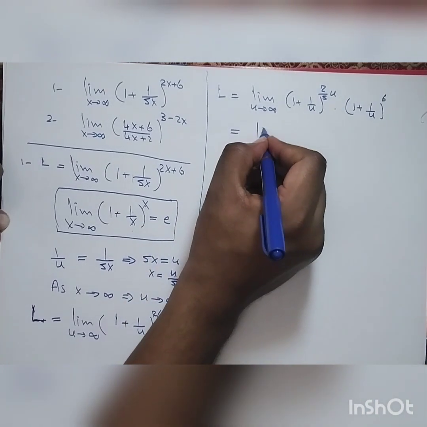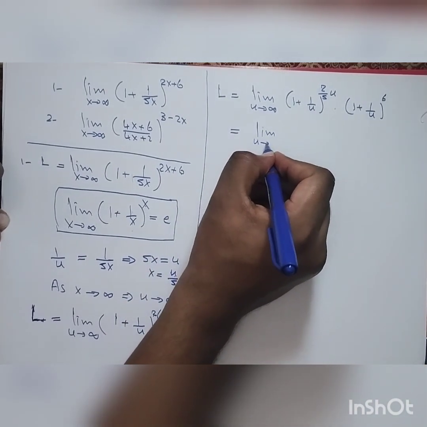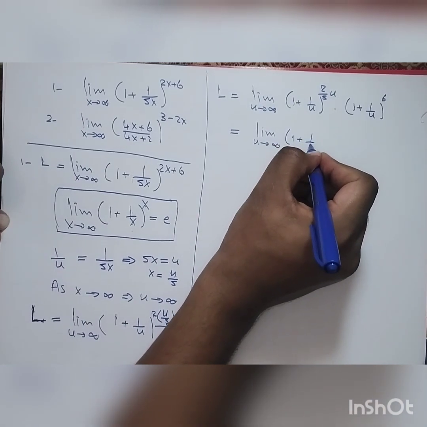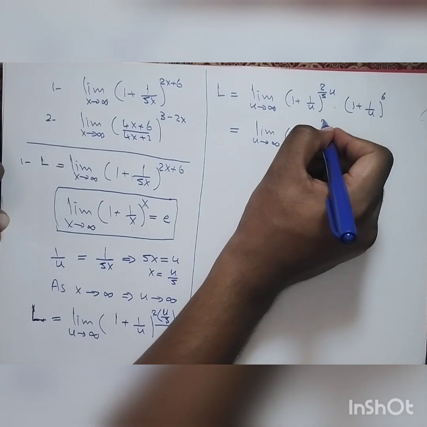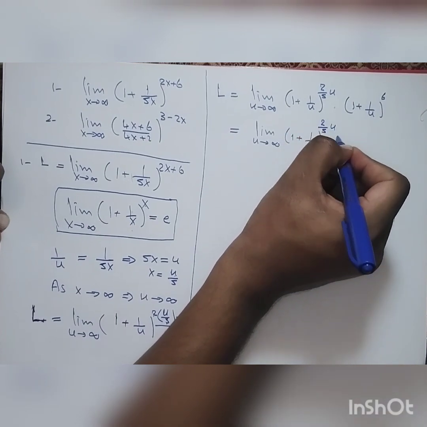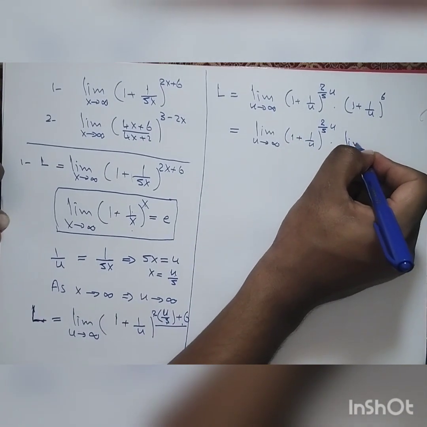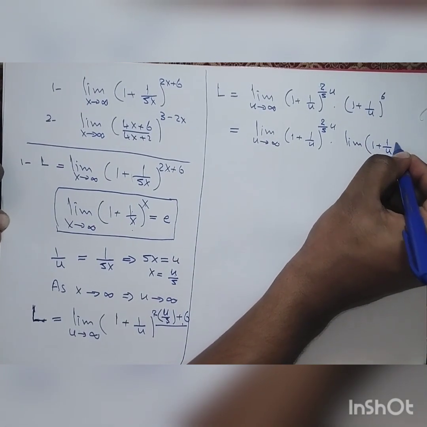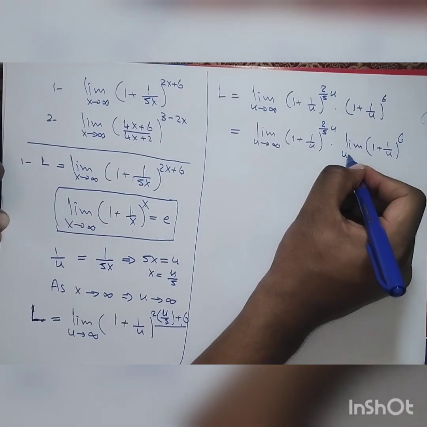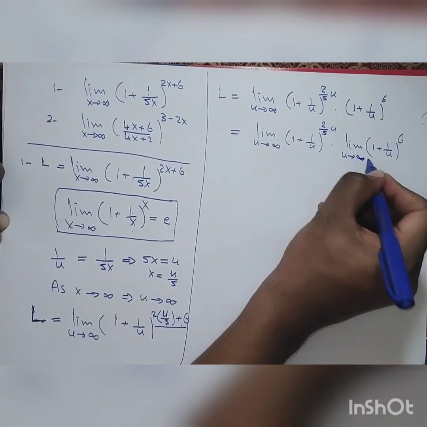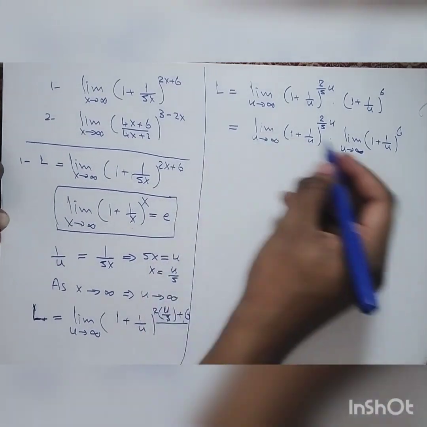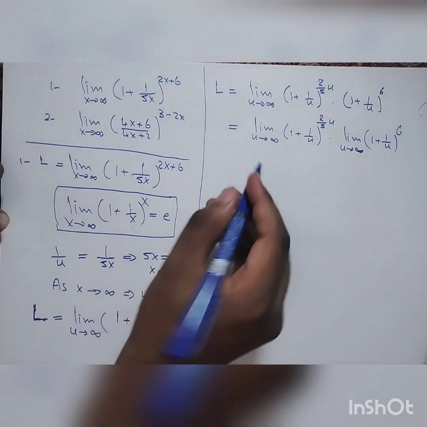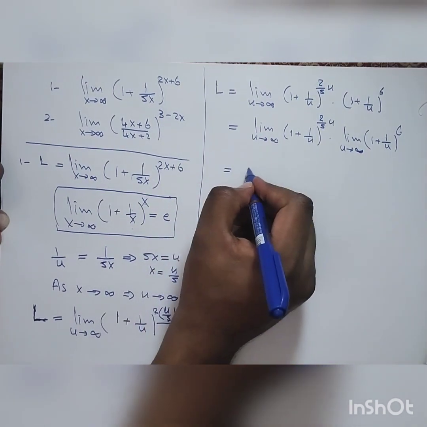Now we can distribute the limit. So this will become the limit as u approaches infinity of (1 + 1/u) to the power 2/(5u), times the limit of (1 + 1/u) all to the power 6 as u approaches infinity. We are very close to applying this.